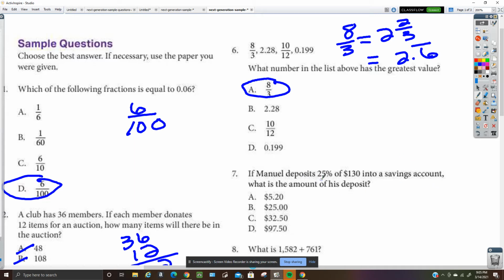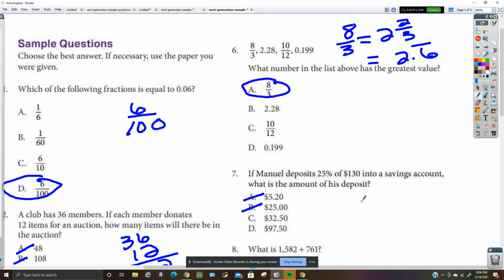If Manuel deposits 25% of 130 into a savings account, what's the amount of deposit? So 25% is the same as 1/4. 520 is too little. 25 is still too little.